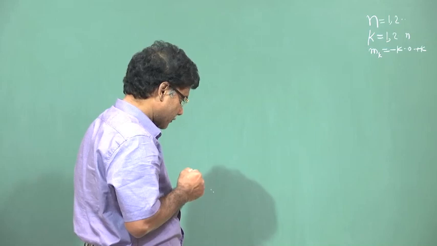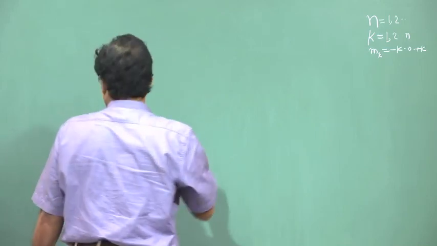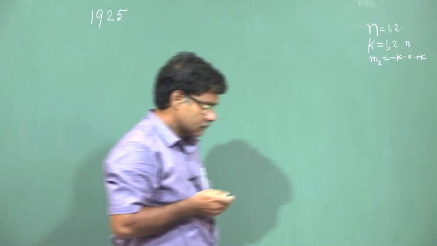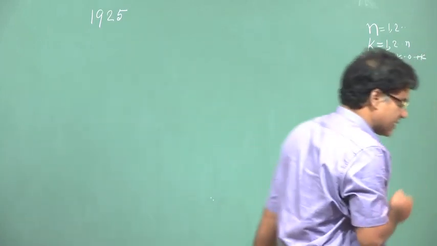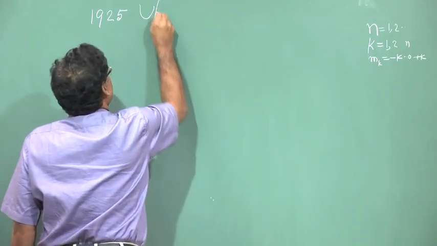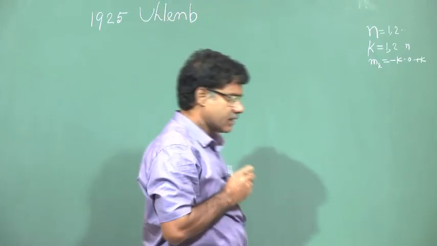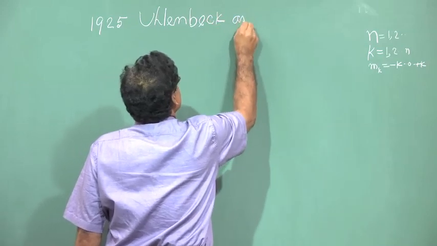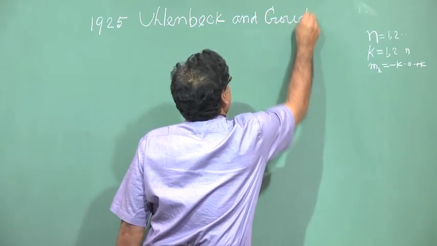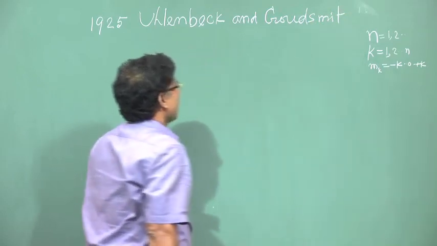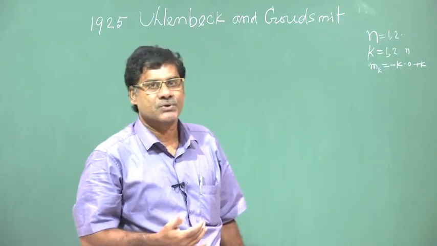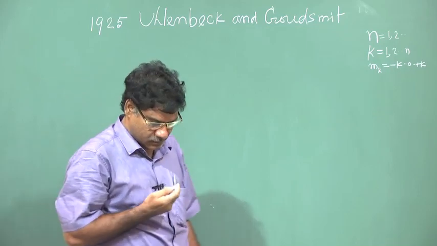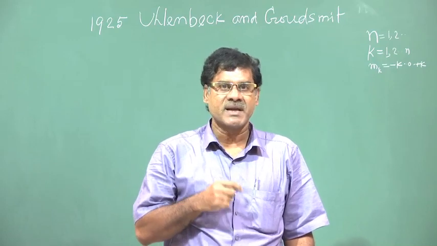Before that, actually in 1925, Uhlenbeck and Goudsmit, these 2 scientists, proposed another angular momentum, that is the spinning.